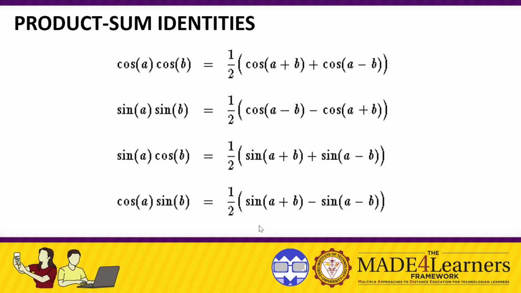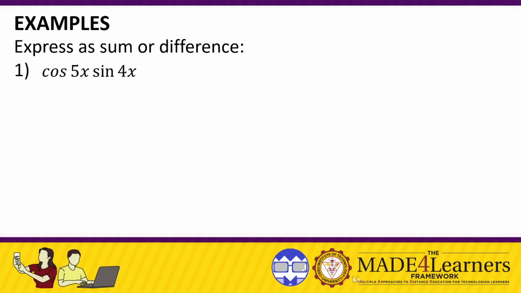Let's go to the examples. Example number 1: we have cos 5x sin 4x. We're going to express it as a sum or difference. Again, the purpose of the product sum is to express the product as a sum or difference.